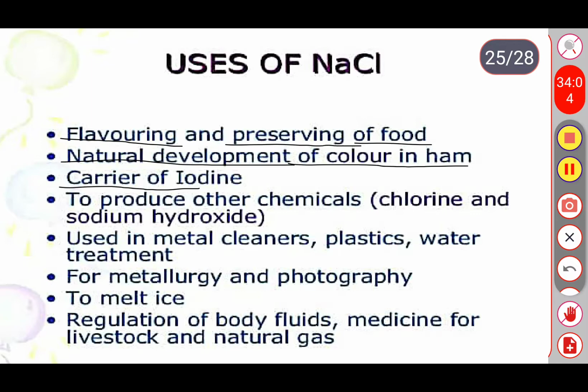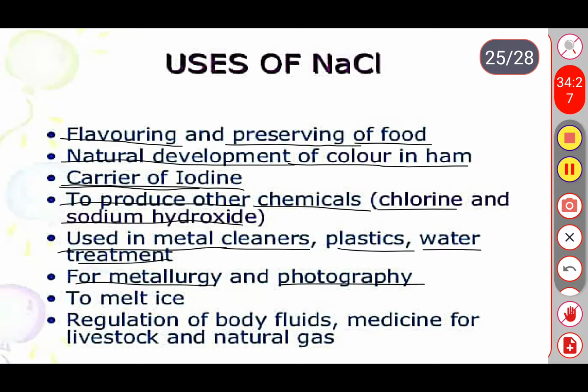These are the best carriers of iodine to produce other chemicals, chlorine and sodium hydroxide, used in metal cleaners, plastics, water treatments. For metallurgy and photography also we are using sodium chloride.